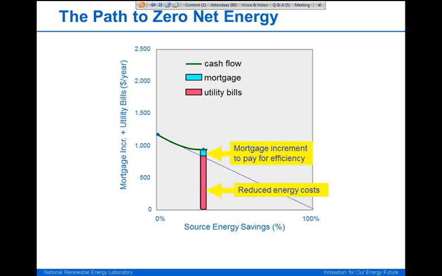As we improve the building, the utility bills drop, and we can start with some very low cost or no cost measures, but then we start paying, in a new construction context, typically by increasing the mortgage by an increment to pay for efficiency.